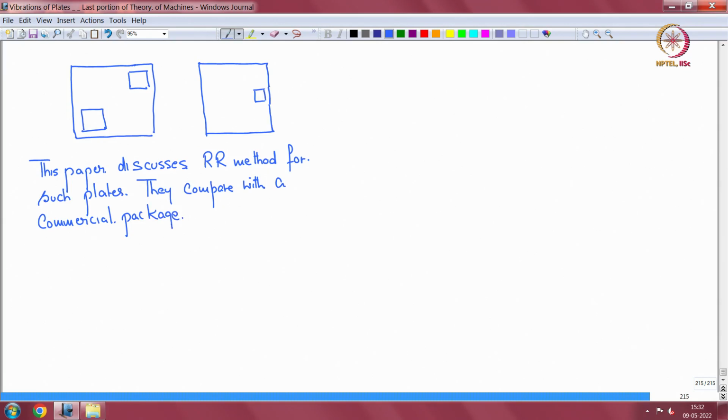Okay. Now the way they do it, of course, is quite simple. You compute your maximum strain energy over the plate. Let us say the alpha 3 part is done. Then what you do is you actually compute this strain energy over the material.